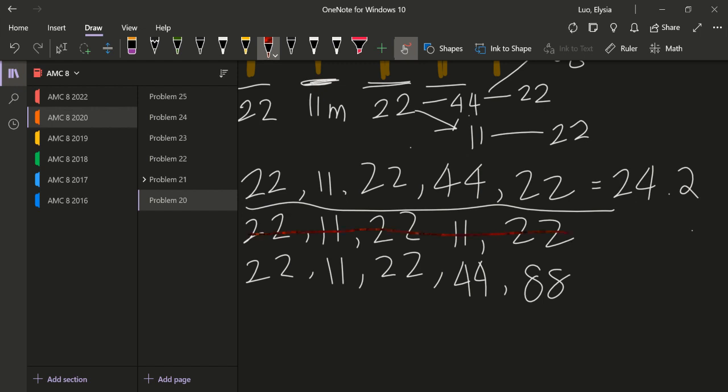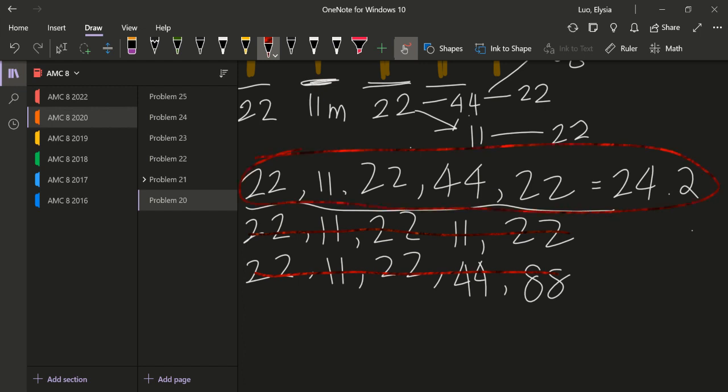Now, last one. 22 plus 11 plus 22 plus 44 plus 88. That'll give you 187. Now let's divide that by 5. That gives you 37.4, which means this also isn't the correct answer, which by default will make the first answer the correct one.